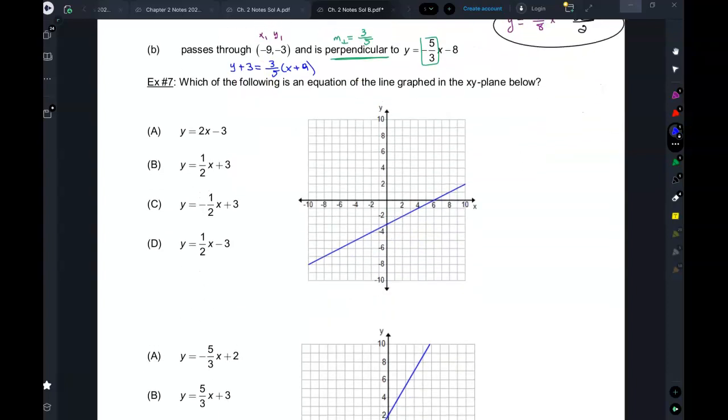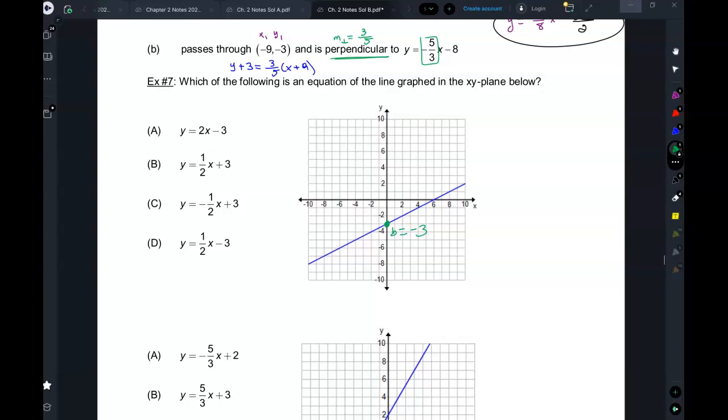Okay, so let's take a look here and see which one of these equations is the equation for this line. What I would like for you guys to do is first identify the y-intercept. It's negative 3, so b is negative 3. So in here, that already crosses off b and c, right?